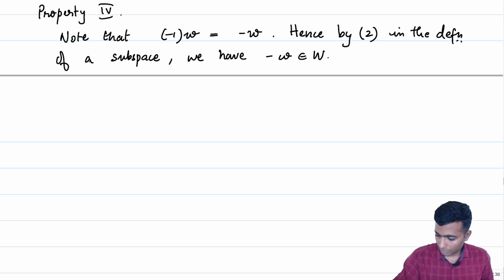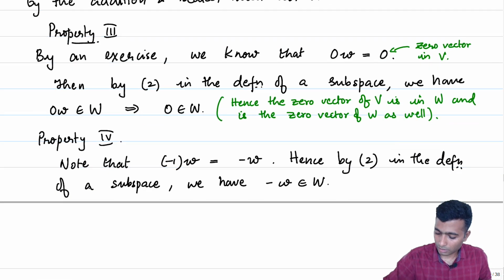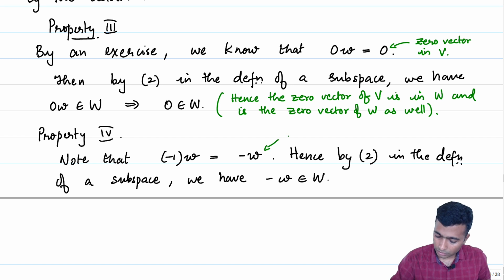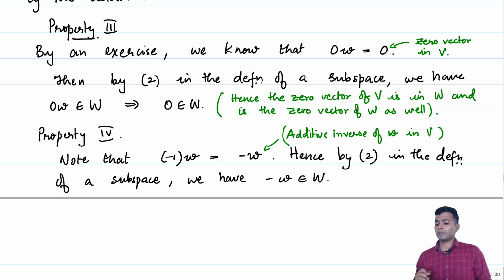So, again keep this in mind, when I say that here this is the additive inverse of w in capital V. Now, it is not very surprising that the additive inverse is in capital W as well, because if you remember, one of our other exercises was to say that given any vector, the additive inverse is unique.